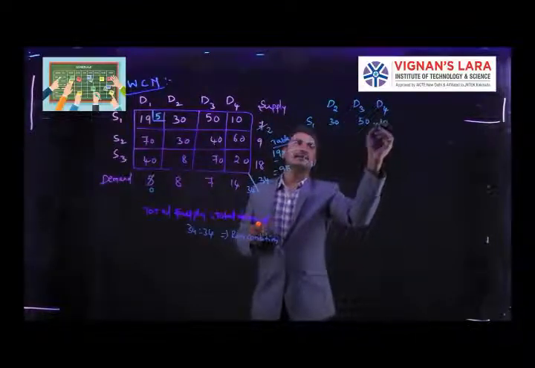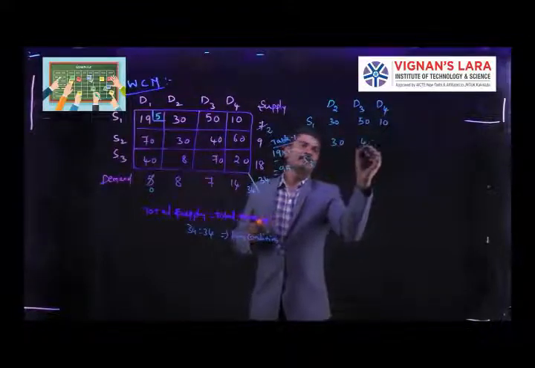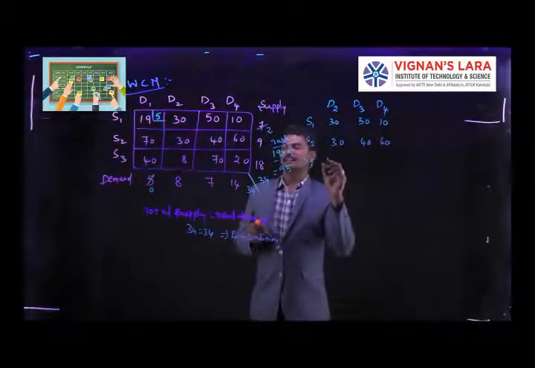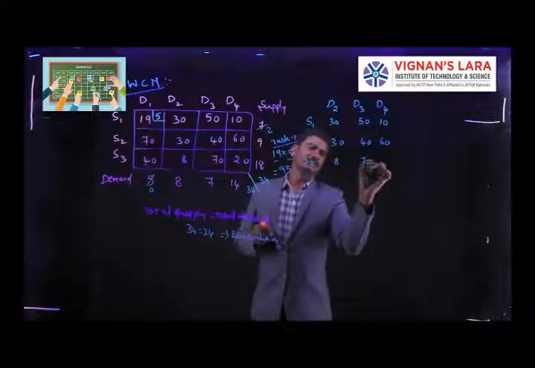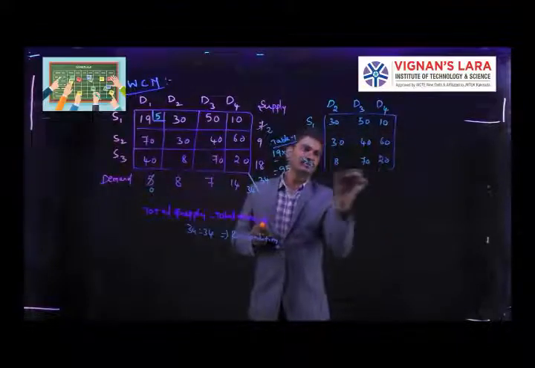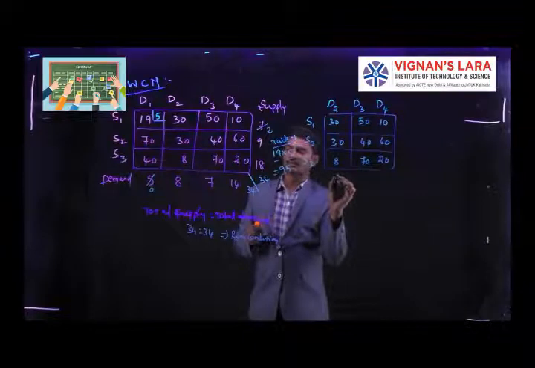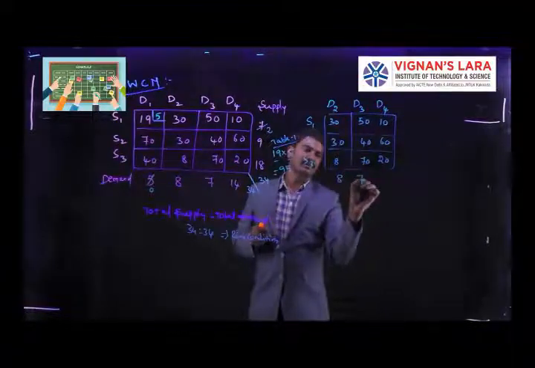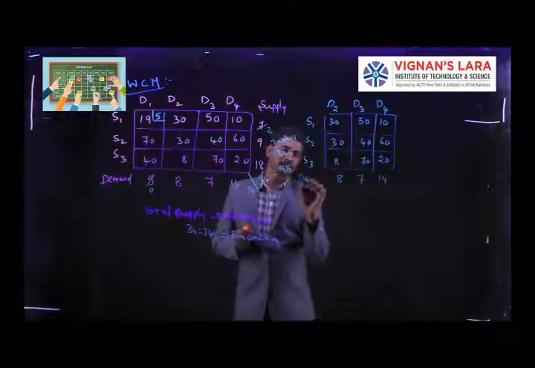The second row is 30, 40, 60. The third row is 8, 70, 20. The demand here is 8 units, 7 units, 14 units.